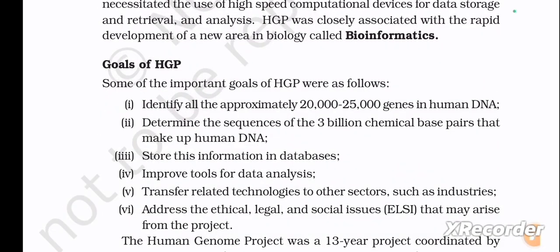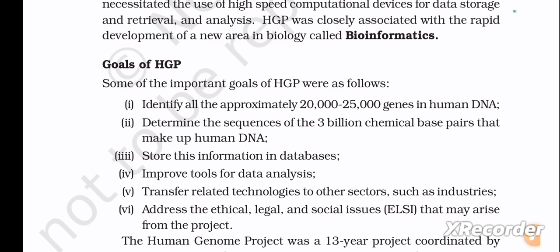Next, goals of HGP. Some of the important goals of HGP were as follows. First one, identify all the approximately 20,000 to 25,000 genes in human DNA. Second one, determine the sequences of the 3 billion chemical base pairs that make up human DNA.